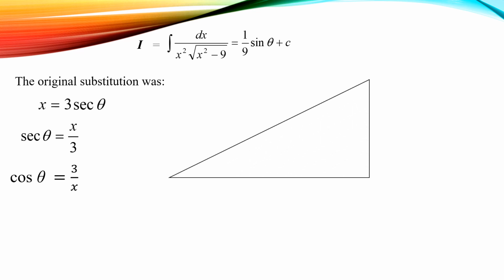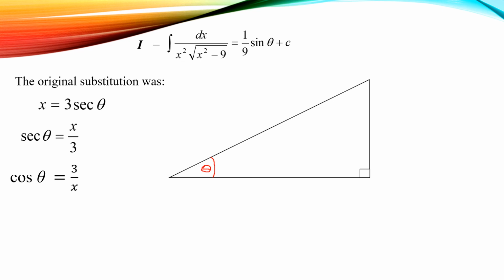So if we draw a triangle, a right triangle, and place our angle that's relevant here, theta, at a position in this right triangle, so we've got to have a 90-degree angle there.